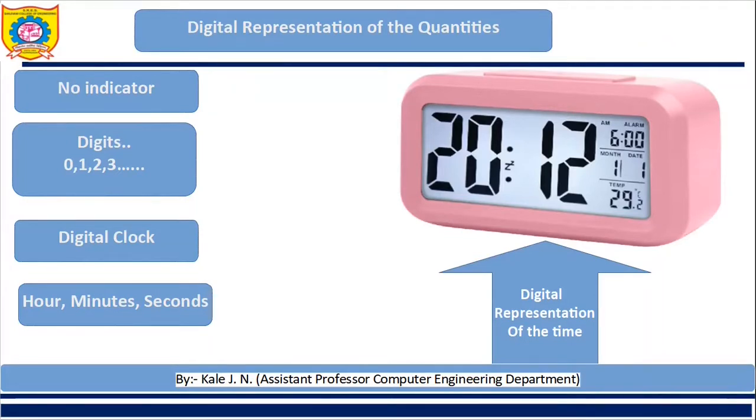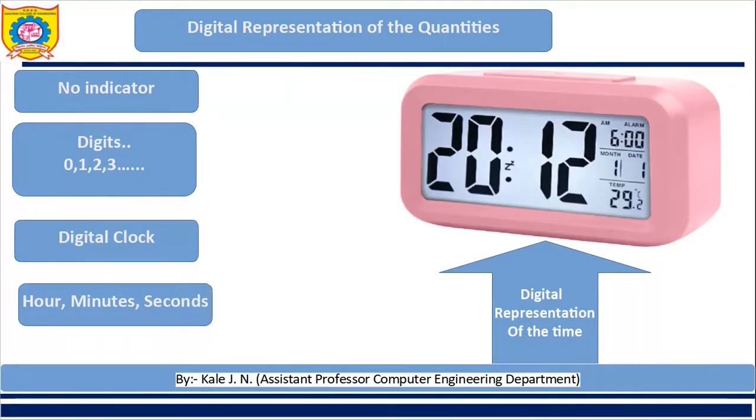In other words, this digital representation of the time of day changes in discrete steps. So the second will be initially 1, then 2, then 3. So this change will take place in discrete steps.